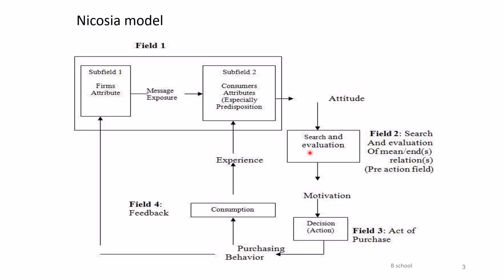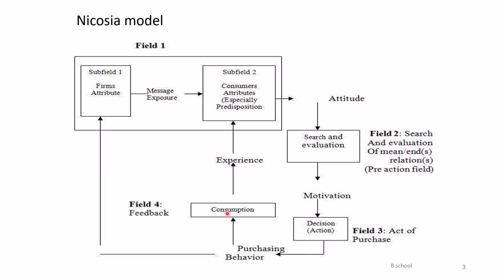Field 2 is where the consumer goes in search of different brands of that product. He evaluates different brands and gets motivated to go for the purchase decision. Field 3 is where he goes for the actual act of purchase and shows the purchase behavior.